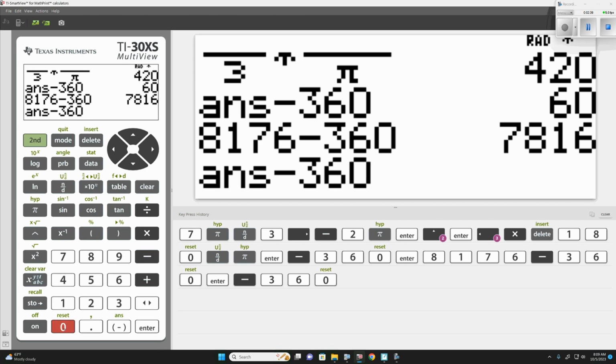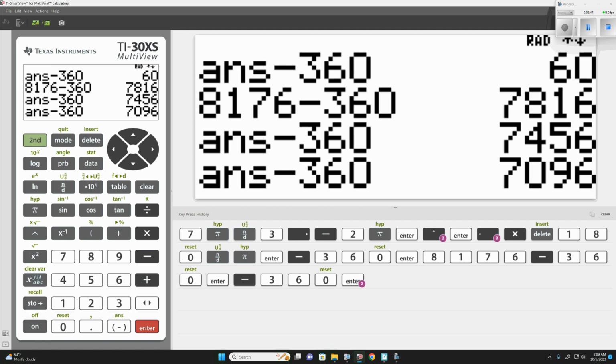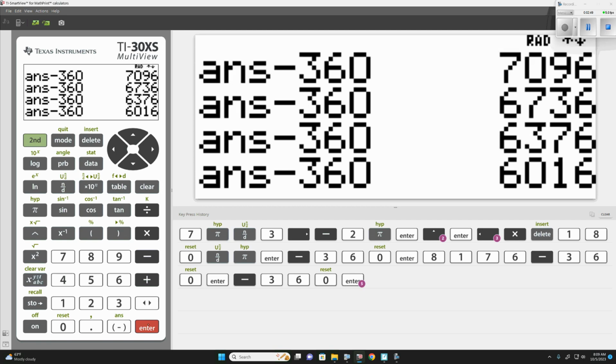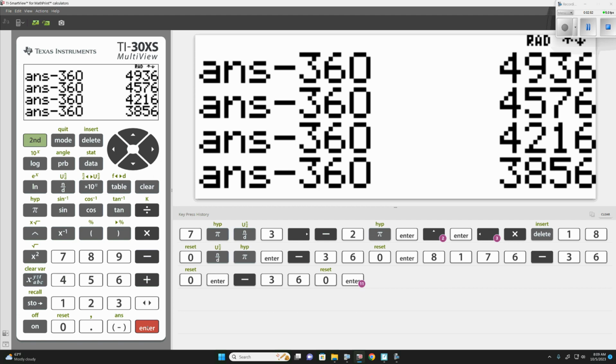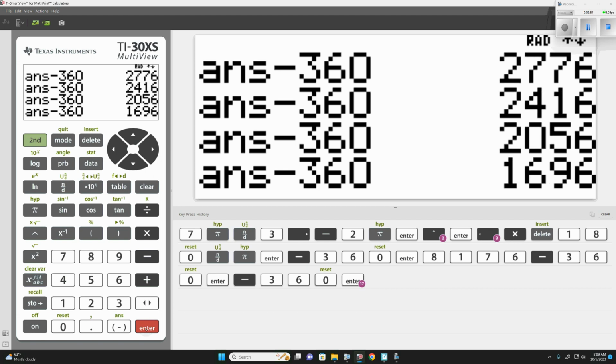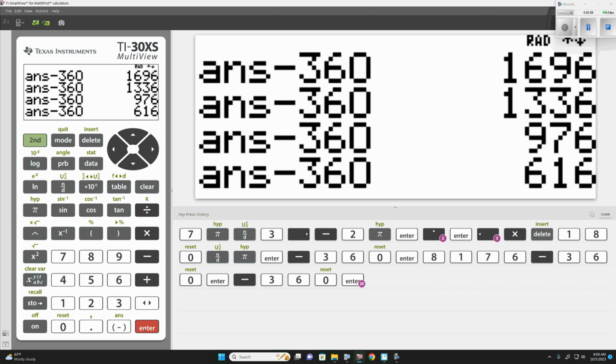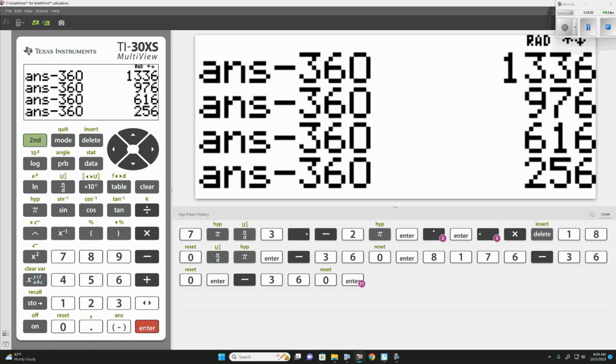ANS is just the previous answer, so it'll grab 7,816, and I can hit enter. And I can keep hitting enter because it's going to keep grabbing the previous answer and subtracting 360 from it. And obviously we just did this multiple times. 256 is now finally between 0 and 360.